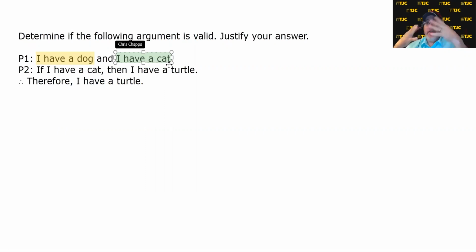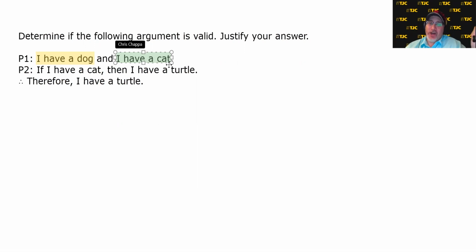Why? There were seven of them: four valid, three fallacies. Five of them started with a conditional. The other two started with a disjunction, but none of them started with a conjunction.